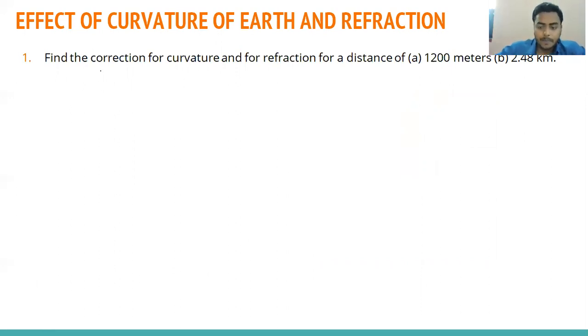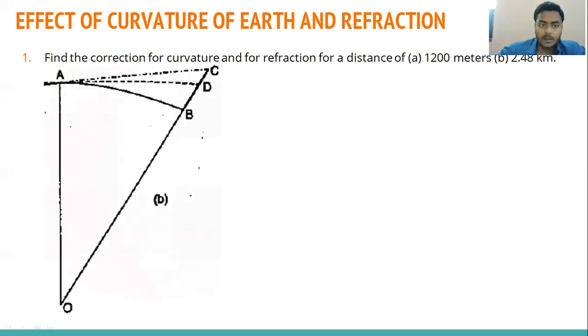The first question we have: find the correction for curvature and for refraction for a distance of 1200 meters and at 2.48 kilometers. Here D is given. In the first case it is 1200 meters, in the second case it is 2.48 kilometers.